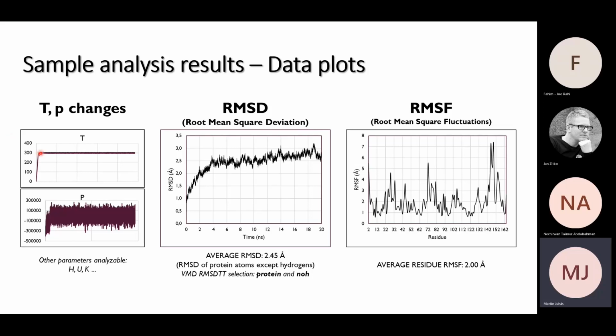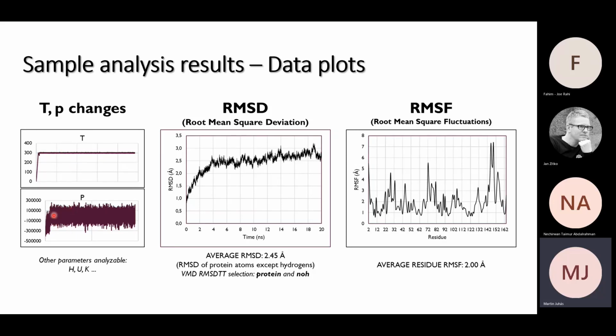Also, you can see here that the temperature was set to 300 degrees, so it increased during the heating stage. Then it went down a bit until we started the equilibration again, and then it went to 300, and it oscillated around the value of 300 plus or minus maybe 5 or 10.